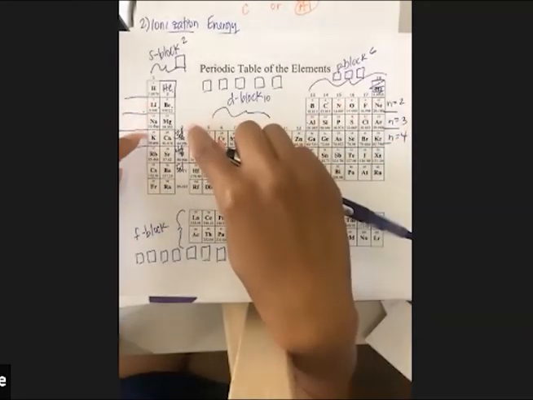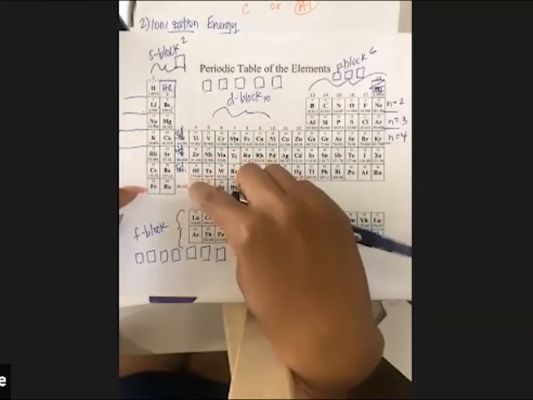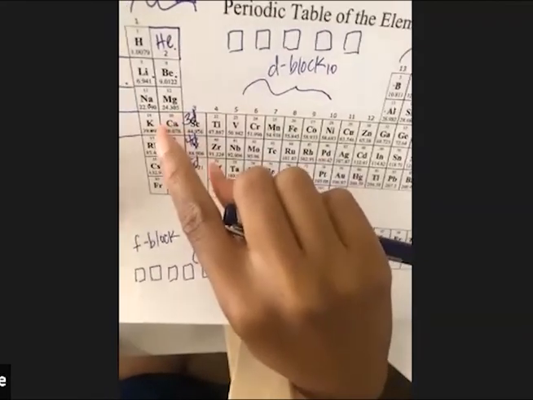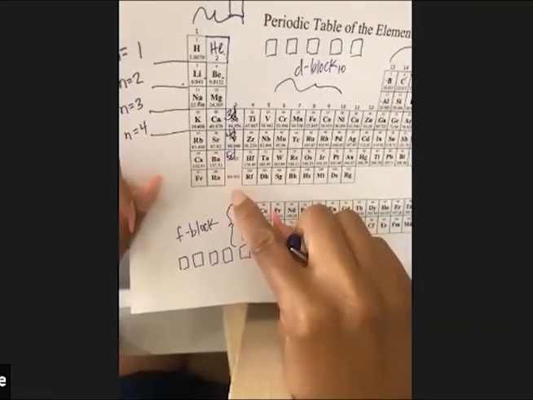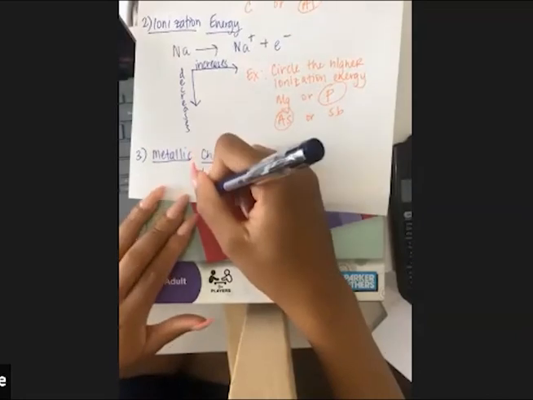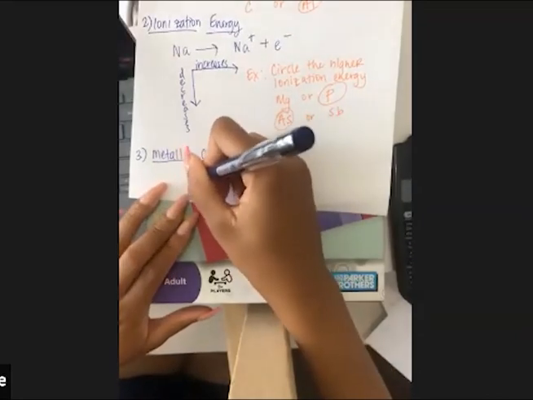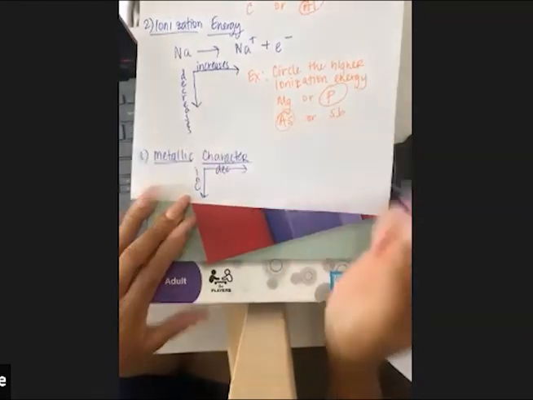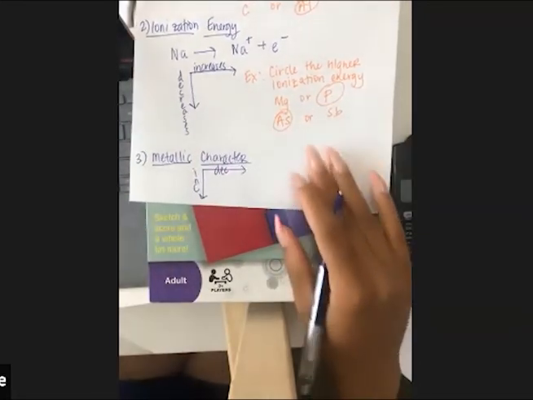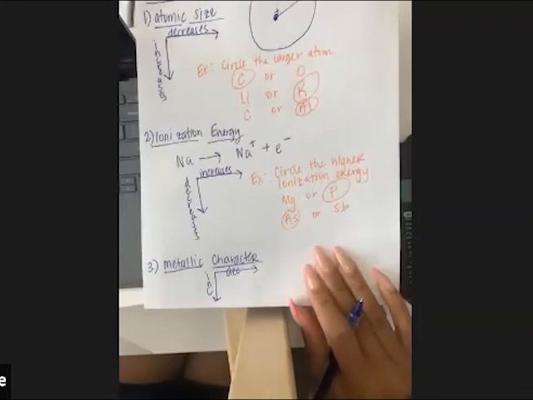But then as you go down the periodic table, these metals become larger in mass and size. So we say it increases as you go down the periodic table. So I'm going to say it increases as you go down, decreases as you go across, same trend as atomic size.